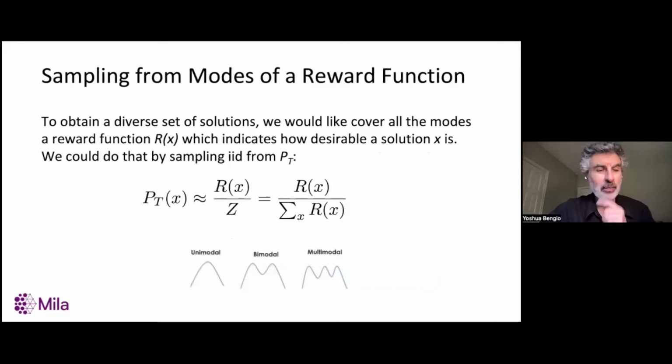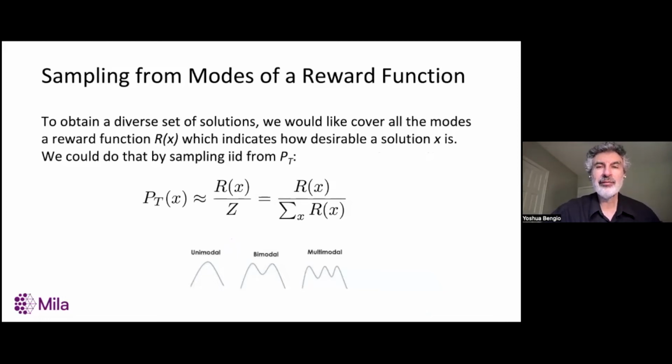Okay, so let's go back to this question of sampling the modes of a function. We're going to think of that function as a reward function because we want maybe to find high values of that function.